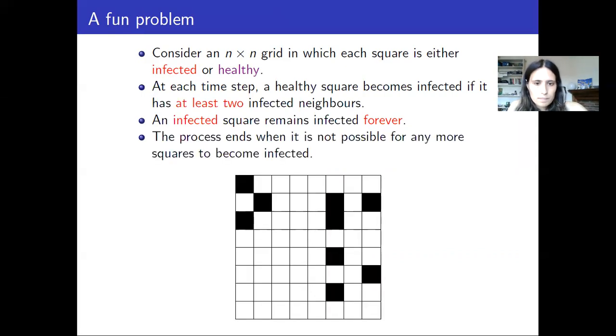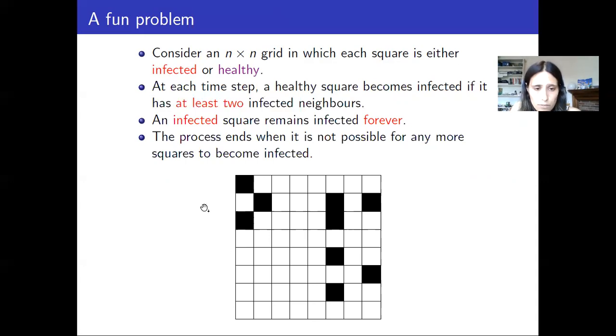So here's an example of this process. We've got our n by n grid here, an 8 by 8 grid, and let's suppose that these shaded squares are infected and the unshaded squares are healthy. Just as an example of the way this process would work, at each time step, a healthy square will become infected if it has at least 2 infected neighbors.